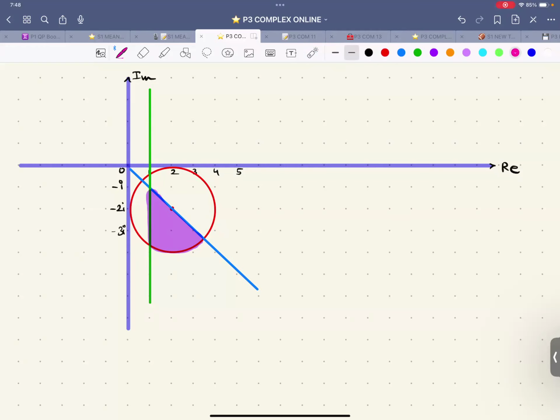I'm interested in finding this value over here. Now this is another color, let me use it. So this x coordinate is what I'm looking for, from here all the way till here.